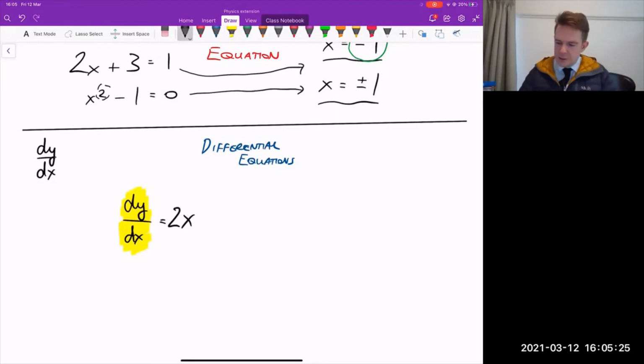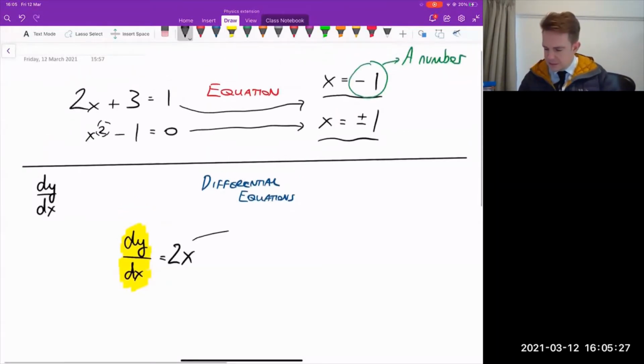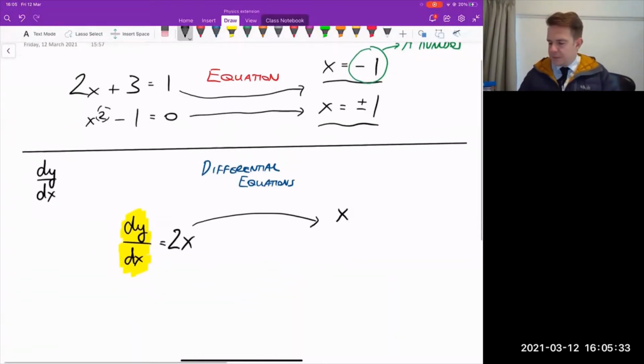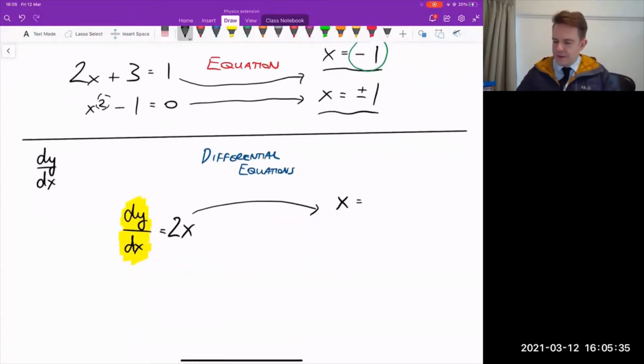Now, the solution to this differential equation is not a number, it is a function. We're asking the question, what function, the function y. What function y of x satisfies this equation?